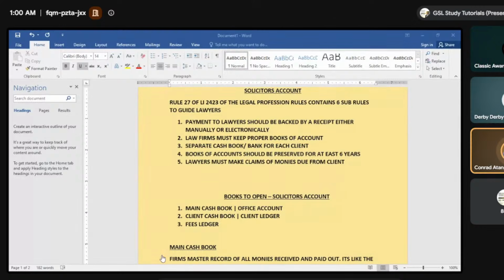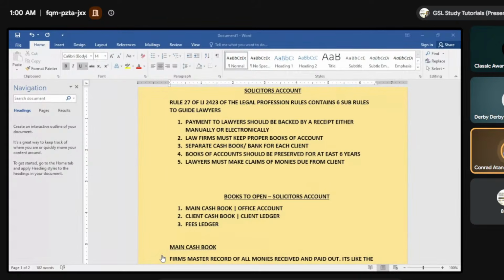And then you mentioned the client cash book. So that is used to record monies that are received and paid on behalf of the client. That money does not belong to the firm itself, it belongs to the client, but you keep that record to pay on behalf of the client or receive money on behalf of the client.